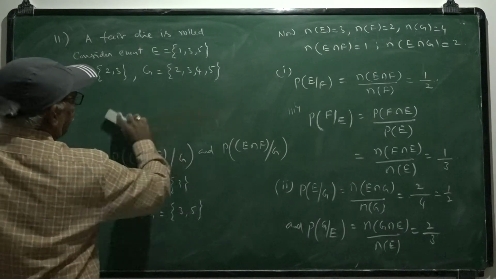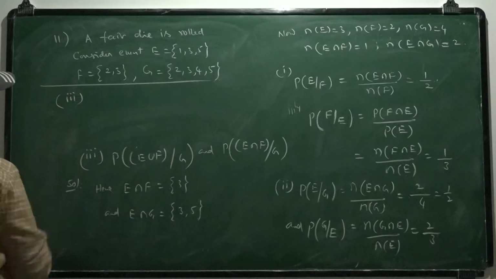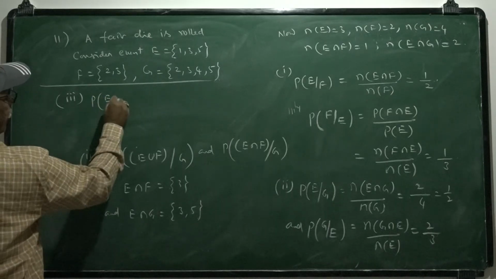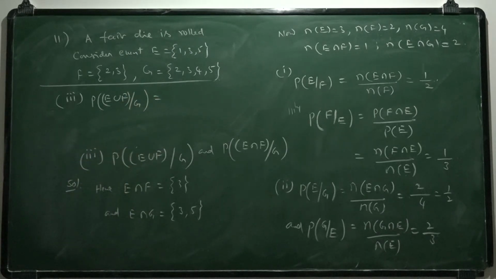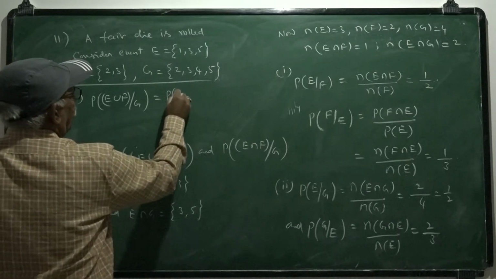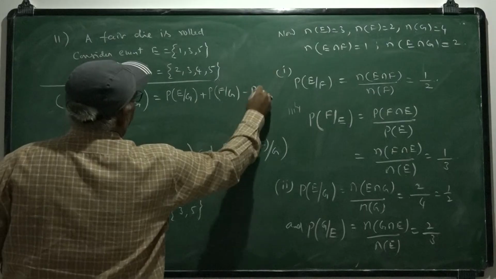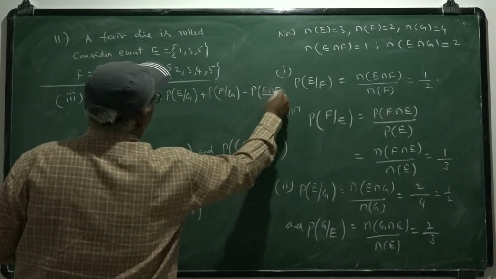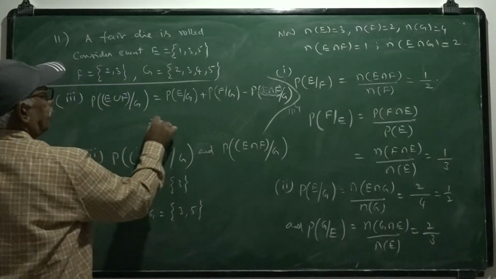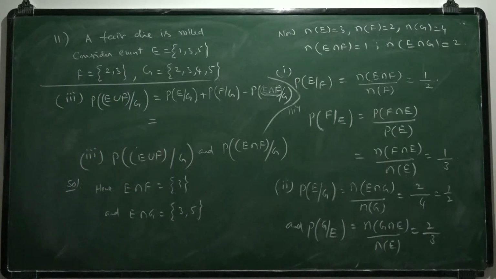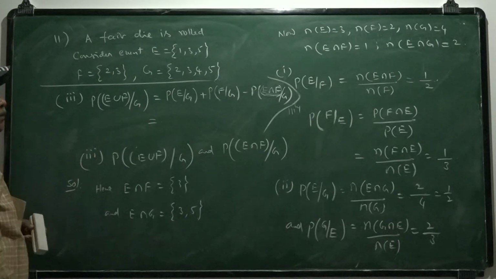Now, the third case is the conditional probability of E union F on the occurrence of G. The conditional probability of E union F given G is the conditional probability of E given G plus the conditional probability of F given G minus the conditional probability of E intersection F given G. Otherwise, you can find the number of favorable outcomes to E union F by n of G itself.